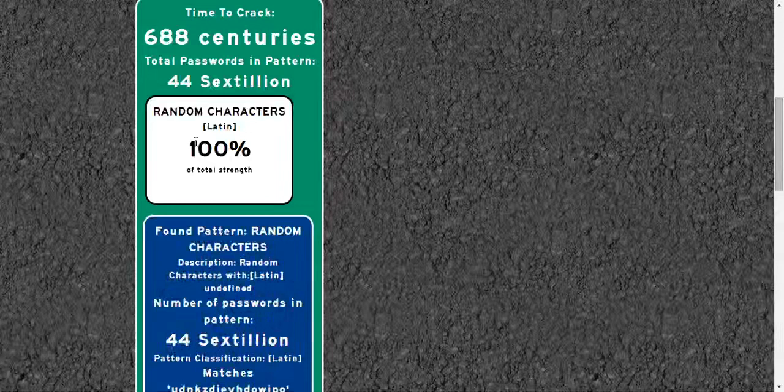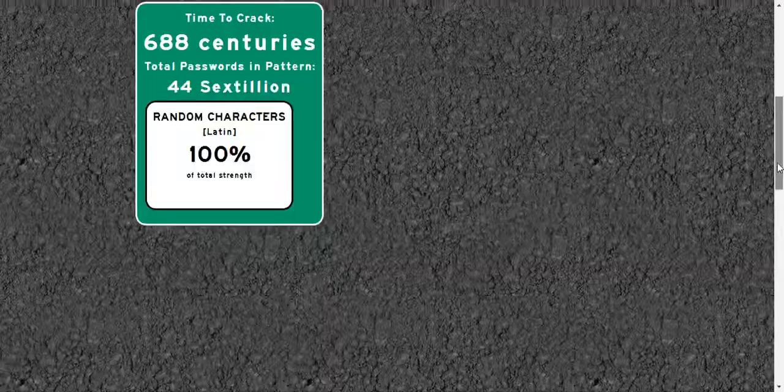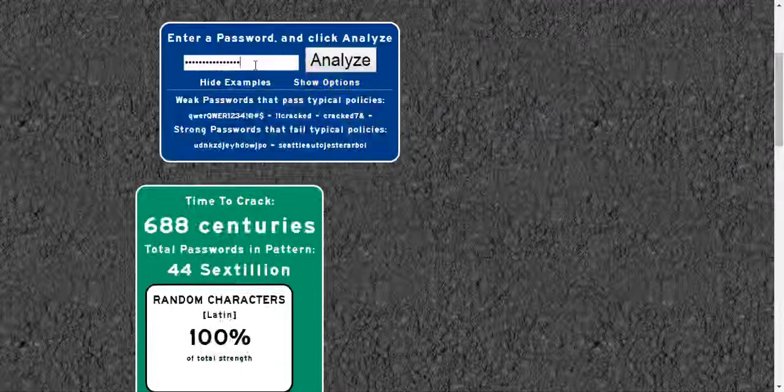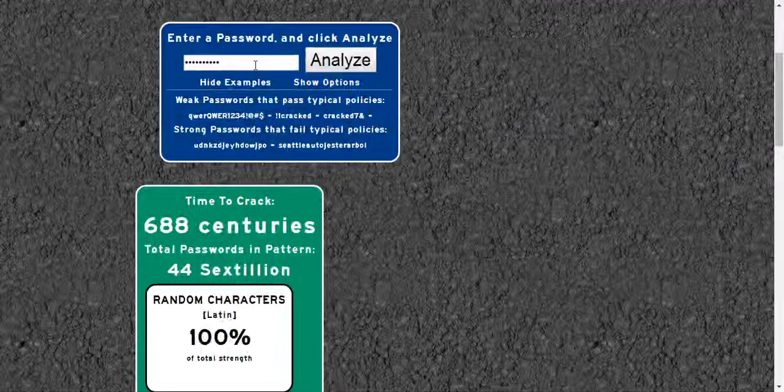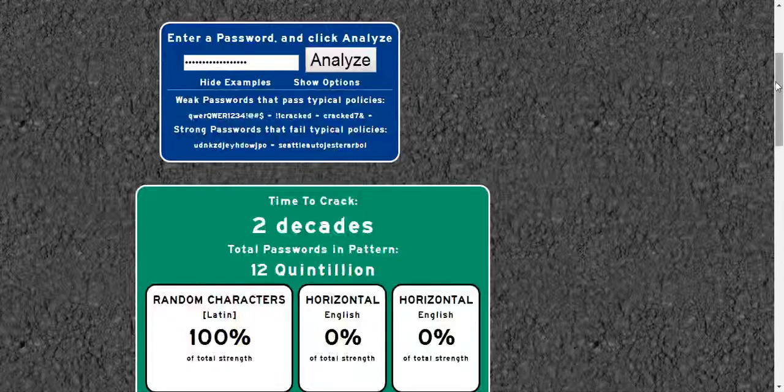So if we look at the detail here, you'll see that it found Latin characters and that it did not find any uppercase or numbers. And so it is smart enough to determine that if I were to put in some numbers, let's say if I took half of these out and just put in numbers, it's smart enough to realize that the numbers are all grouped together, and we'll treat those as different passwords.